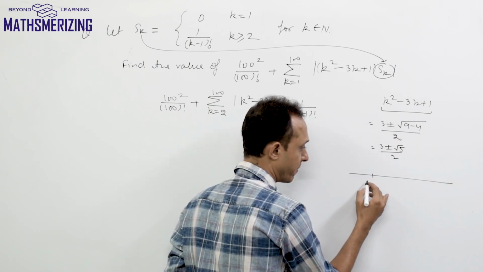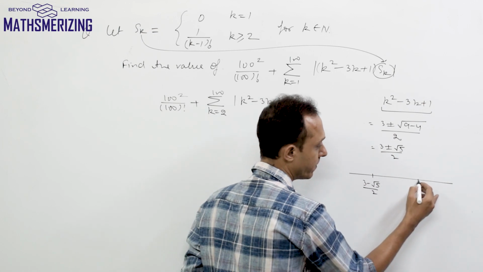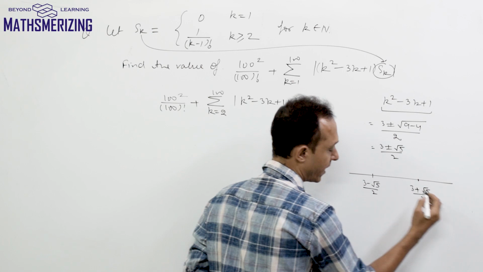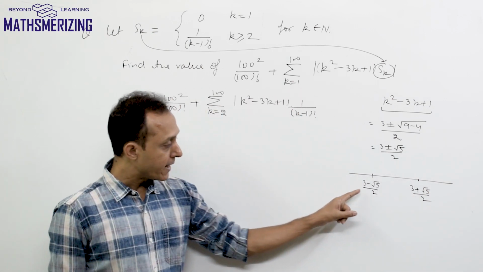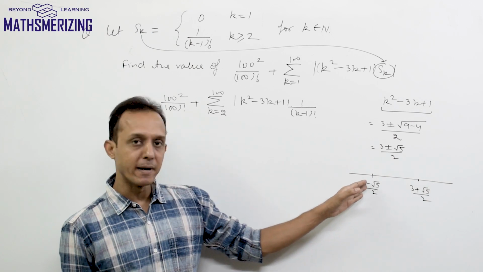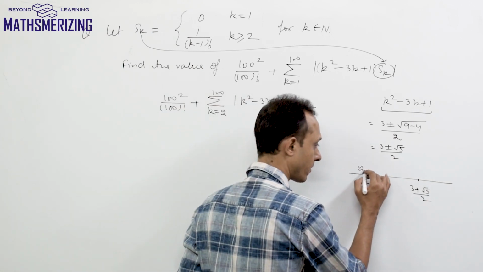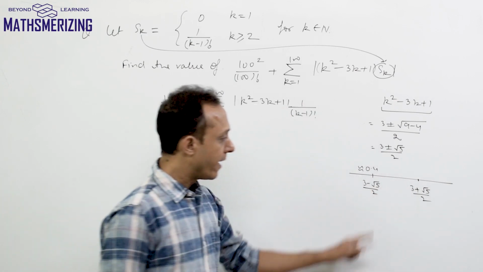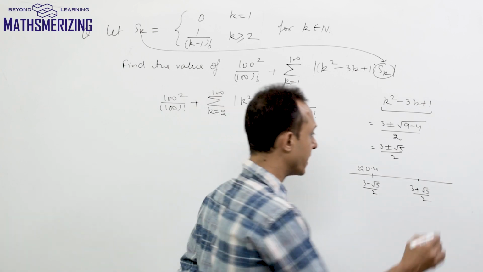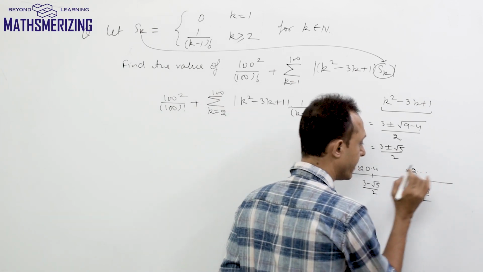If I put it on a number line, this is 3 minus under root 5 by 2 and this is 3 plus under root 5 by 2. Now root 5 is 2.2 something, so 3 minus 2.2 something is 0.8, so divided by 2 there'll be nearly 0.4 something. And 3 plus under root 5 is 5.2, divided by 2, so there'll be nearly 2 point something.